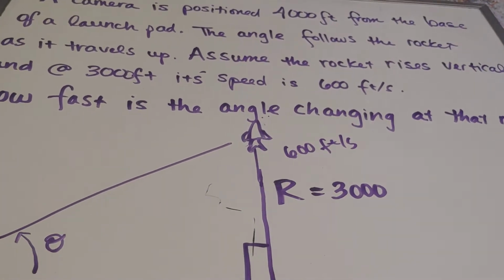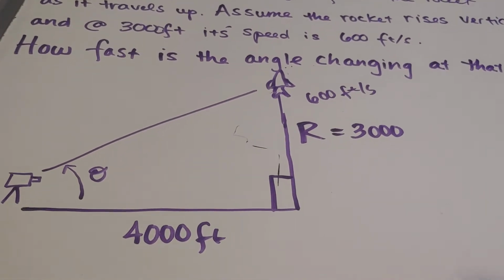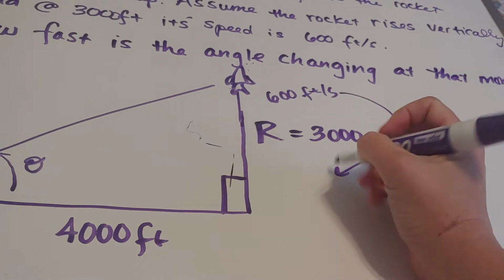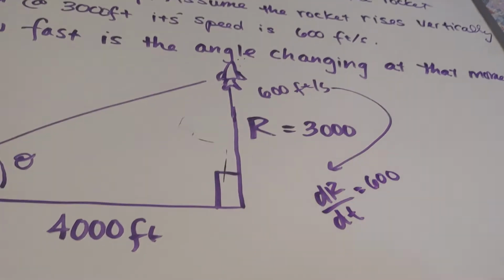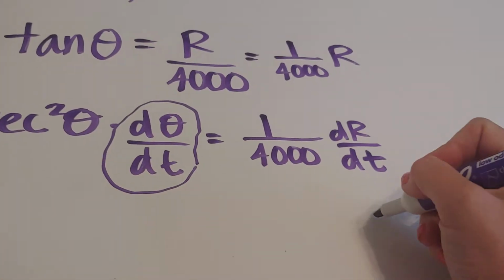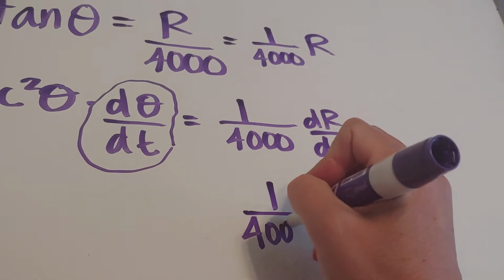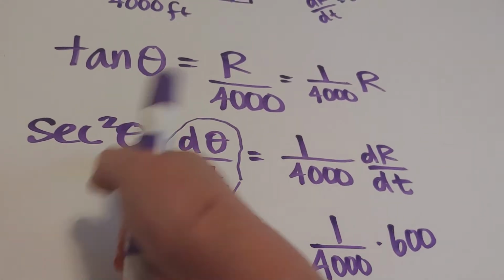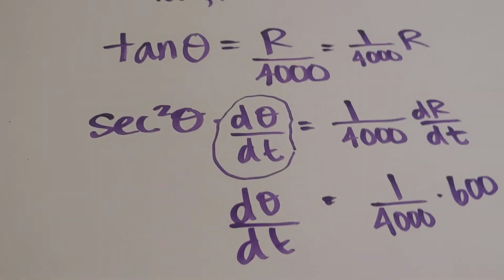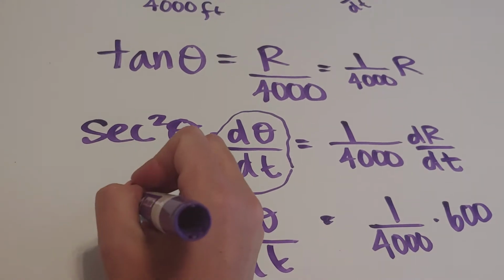So at that moment, r is 3,000 and dr dt is 600. I've got a problem though. How am I going to figure out what secant squared of theta is? Well, remember that secant is the same thing as 1 over cosine.